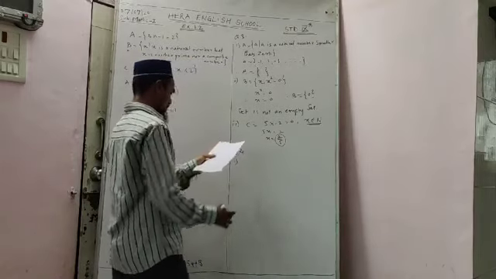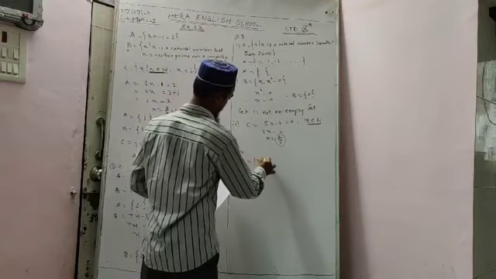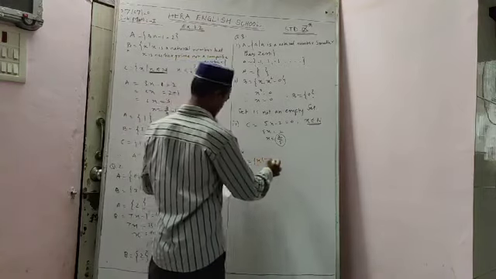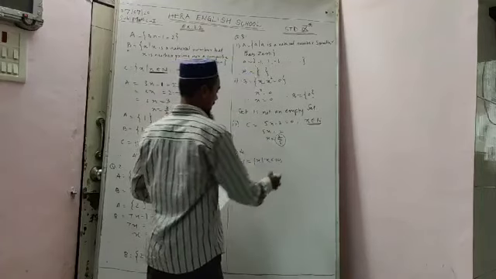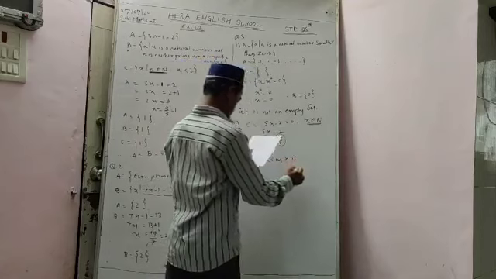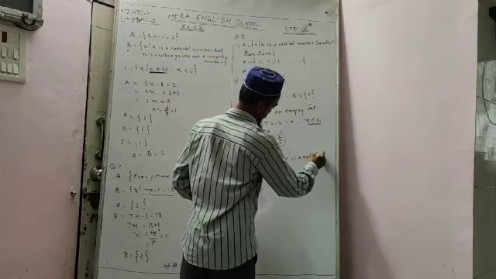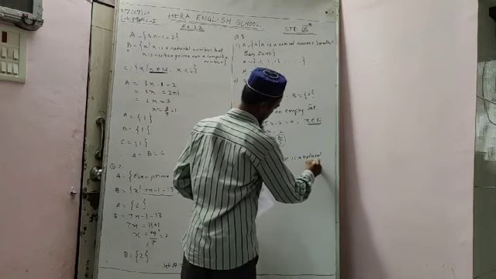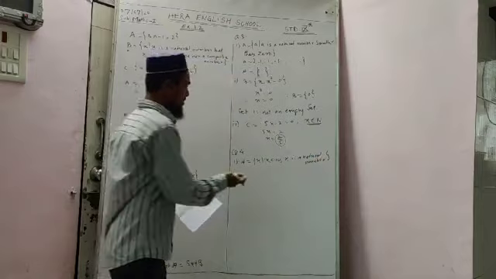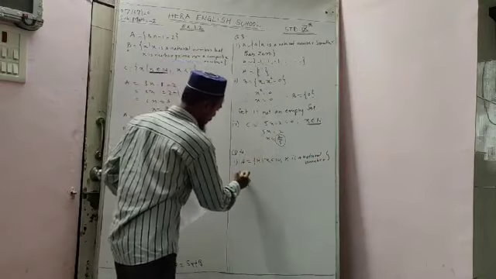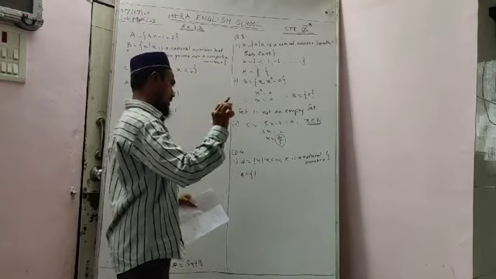Number 1, we have set A: x is a natural number less than 10. Now see, x is a natural number and which is less than 10. You know very well the natural numbers start from 1, and less than 10 means up to 9.